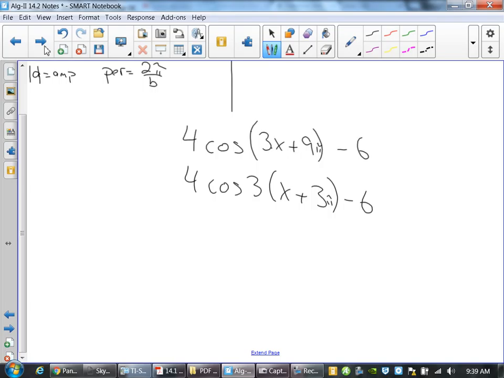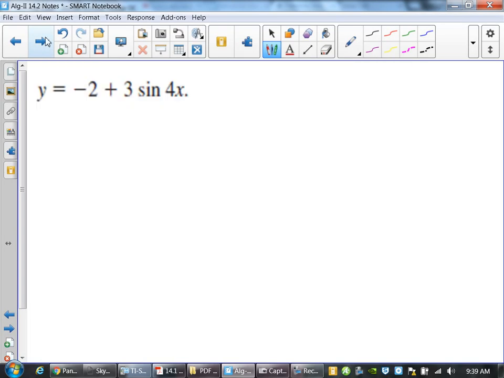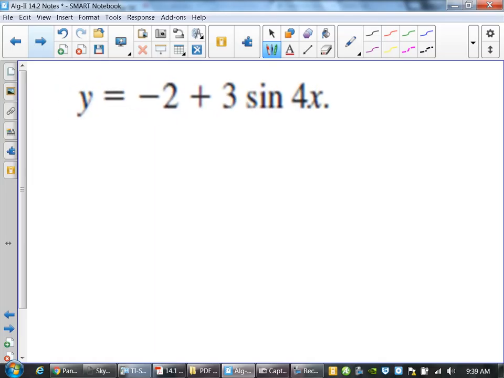So let me show you an example. Negative 2 plus 3 sine 4 times the quantity x minus pi over 2.